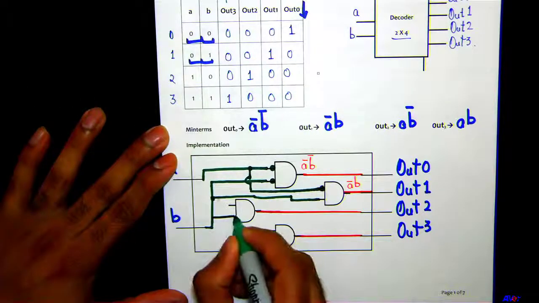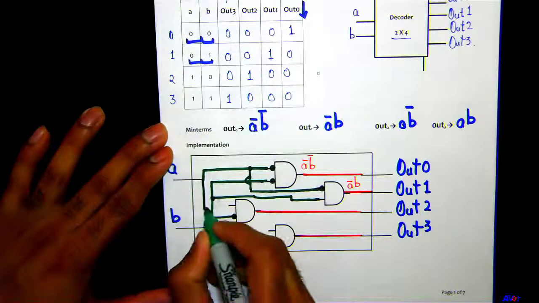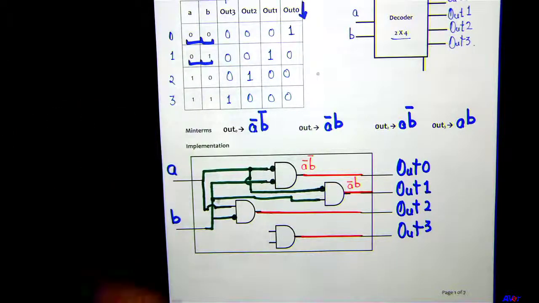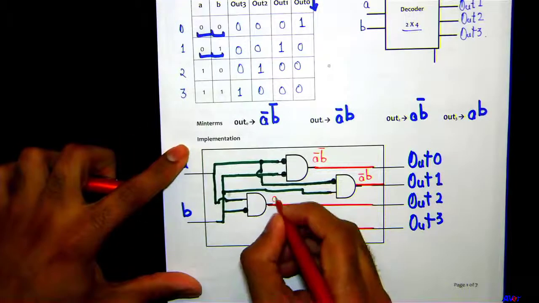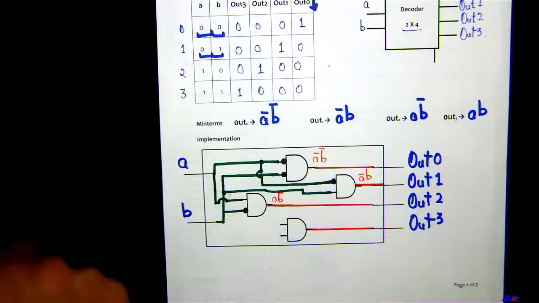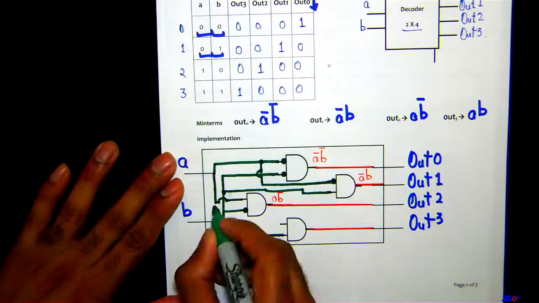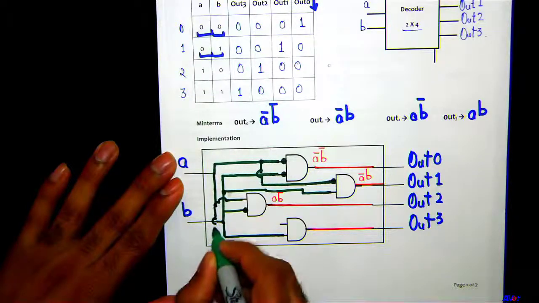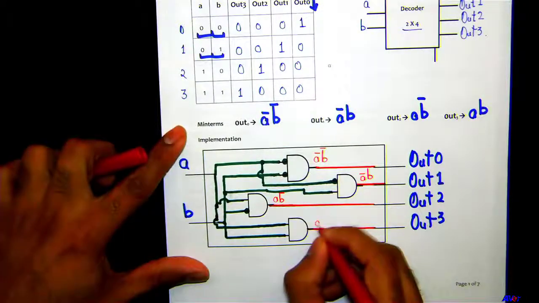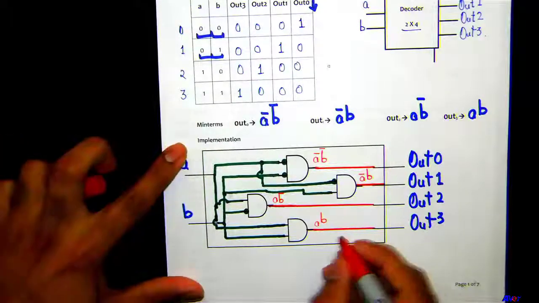So B goes right here, got this node right here, and then A. So this is A B bar. And out 3 is A B. This is B, and this is A. So this makes AB. So this makes your 2x4 decoder.